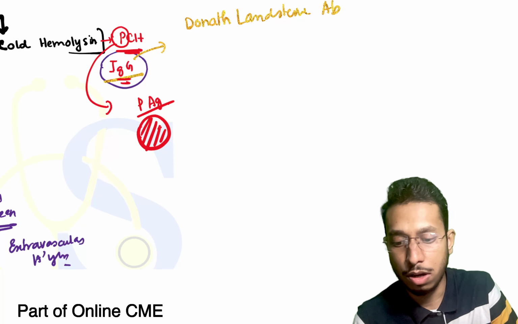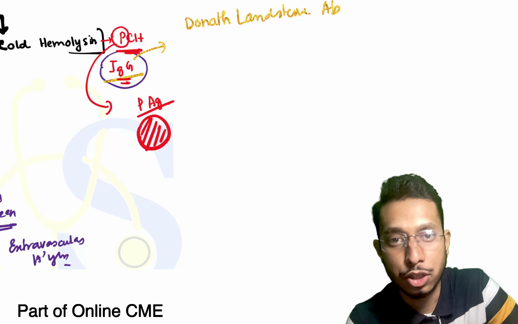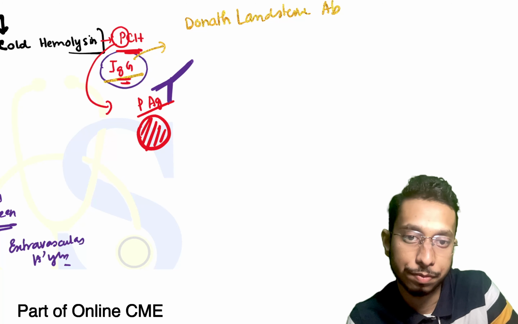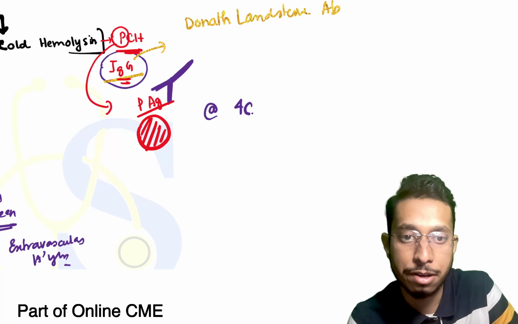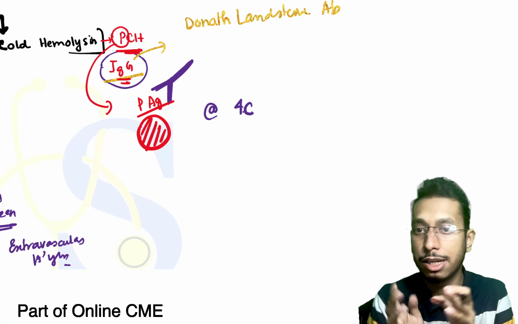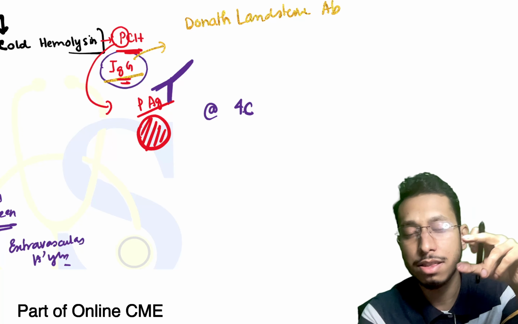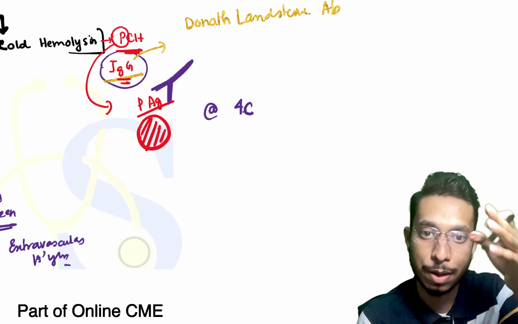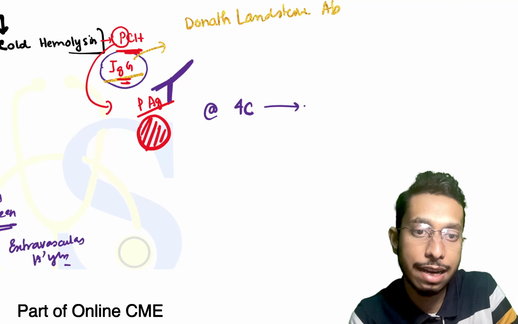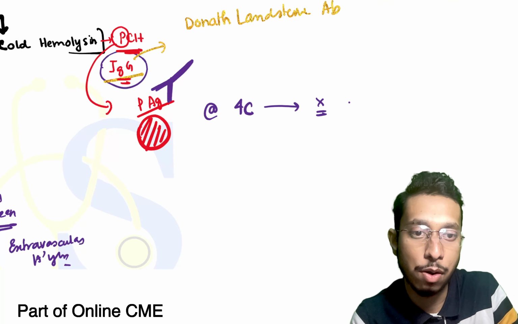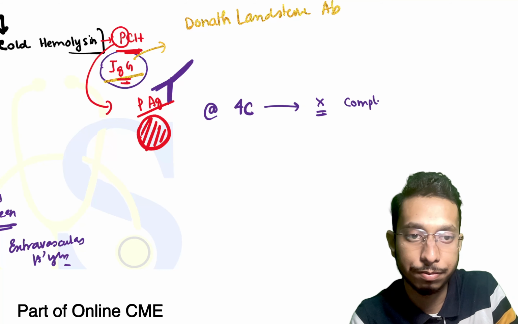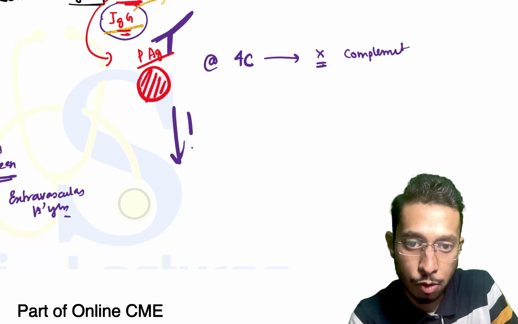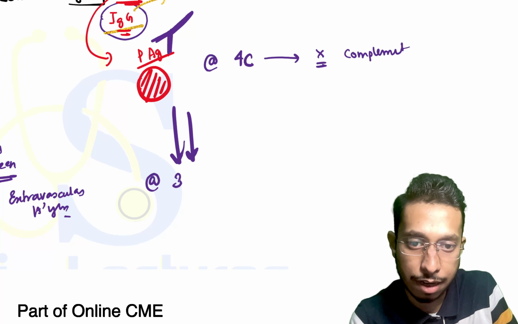Okay. Now what happens? This IgG binds to it at 4 degrees centigrade. But differentiating from cold agglutinin disease, at low temperature when IgM was bound to it, it was able to activate the complement. But here it will not, it can't activate the complement as it is IgG bound, so complement will not get activated. What will happen at normal body temperature of 37 degrees centigrade?